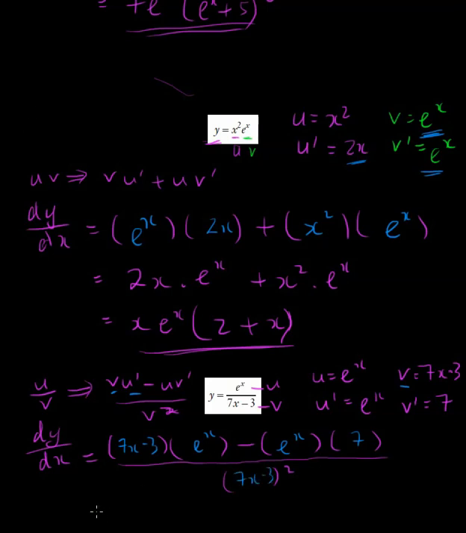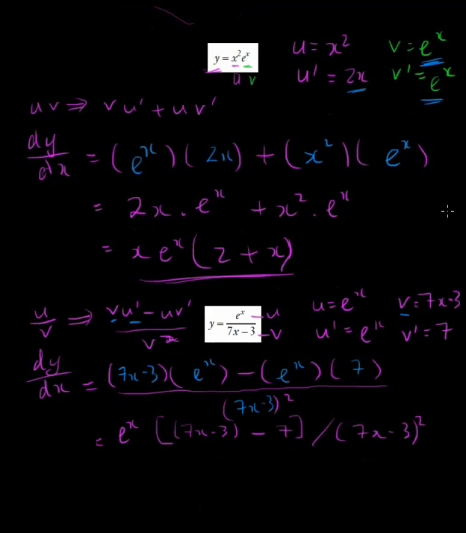If I look at this, I'll see that there's a common e^x. I can take that out. So then this is e^x times (7x minus 3 minus 7), all over (7x minus 3) squared. I'm just going to simplify it one more time.